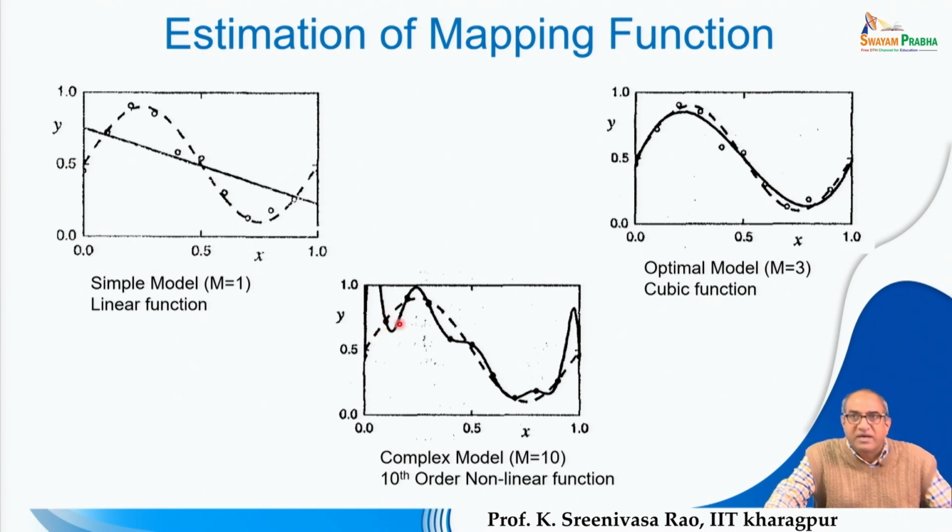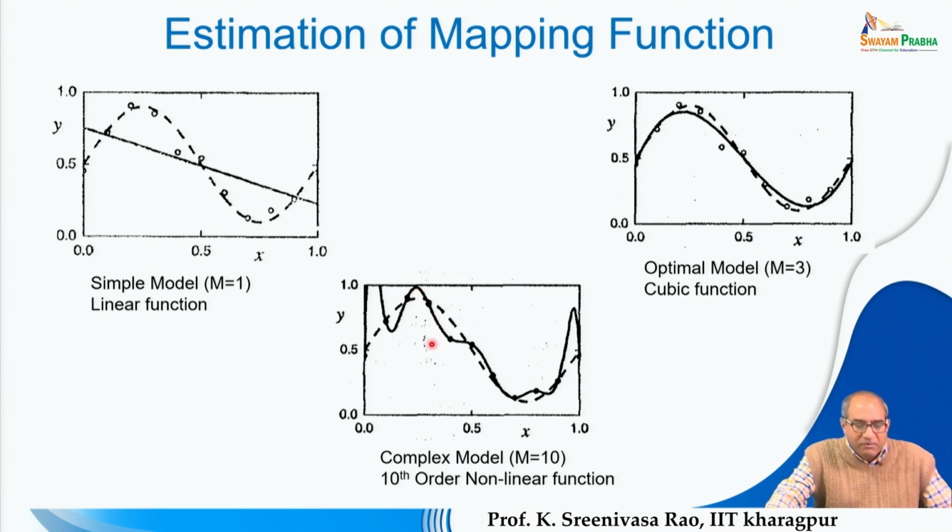For one point the function goes to a higher value. Then when there is a point which is very low, the function suddenly comes down, and again the next point is at a higher level.